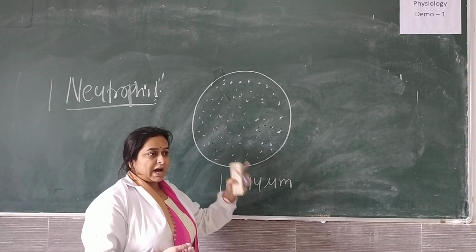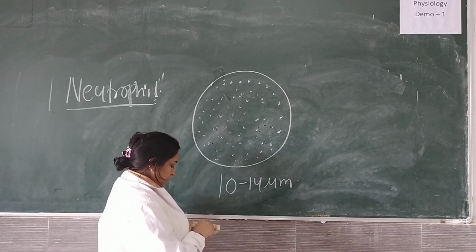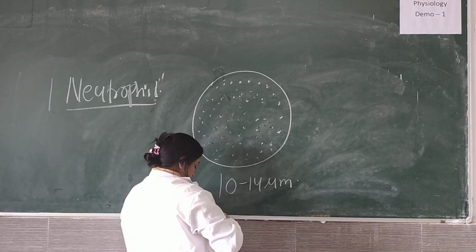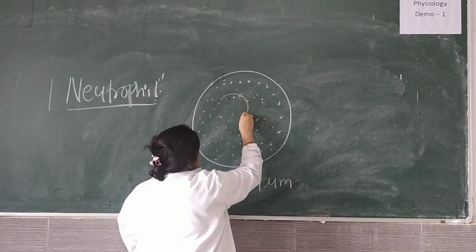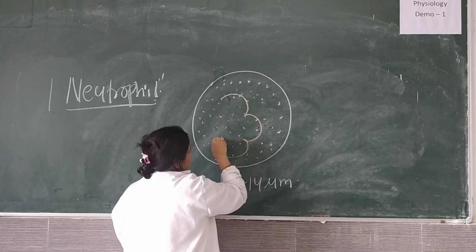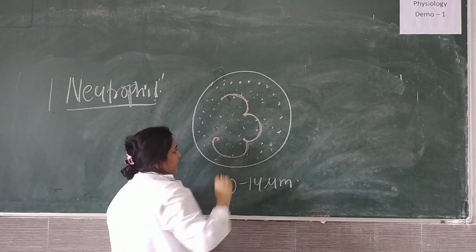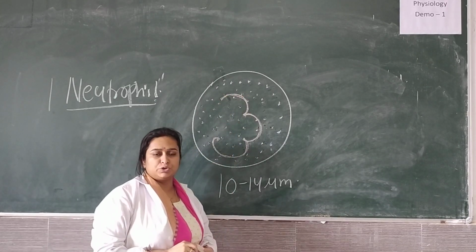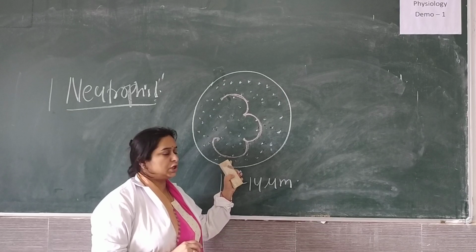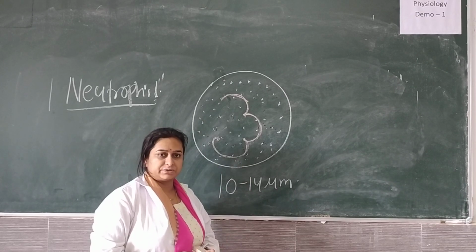Next, our WBC will be nucleated. We are talking about neutrophil, so the nucleus will be lobed. Here I have drawn a 3-lobed neutrophil, with the lobes held together by chromatin strands.